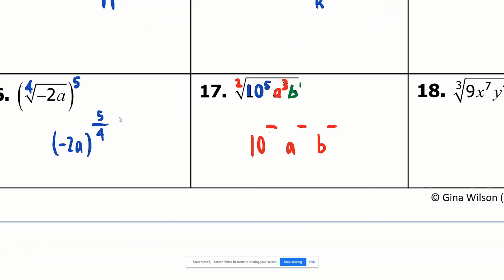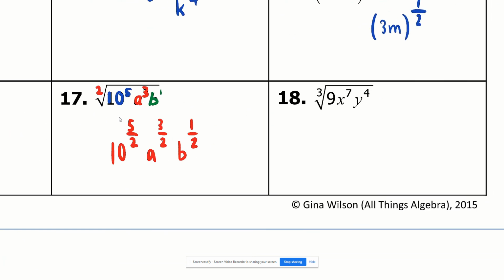So the denominator of all of these exponents has to be 2. Now, what about 10? What's the numerator? To the 5th power. So 5/2. A, 3rd power. B, 1st power. So it's 10 to the 5/2, a to the 3/2, b to the 1/2. Okay? Hopefully you see that.